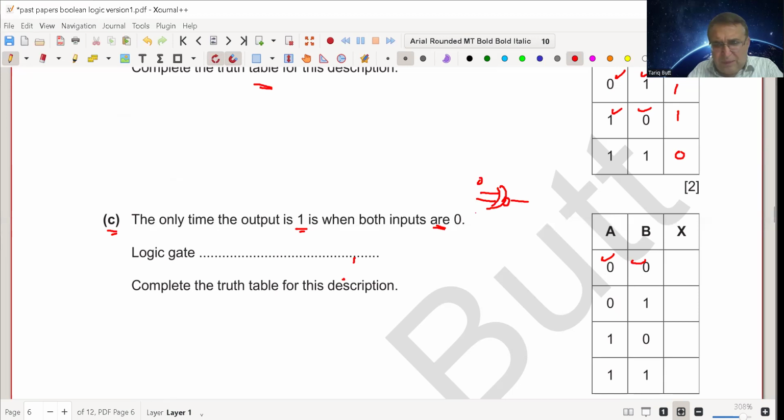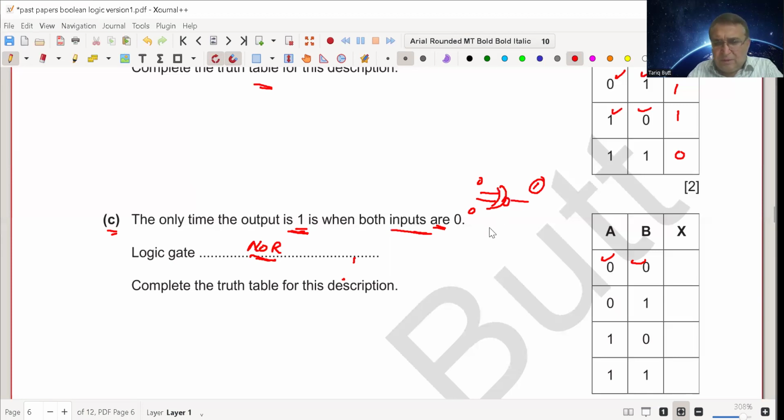If you apply 0 at both of its inputs, so 0 OR with 0 is 0, and then you invert it, output will be 1. Otherwise, if one of the inputs is 1, or both are 1, output will be 0. So the only time output is 1 is when both inputs are zeros, the gate is the NOR gate. Fine. That is the NOR gate.